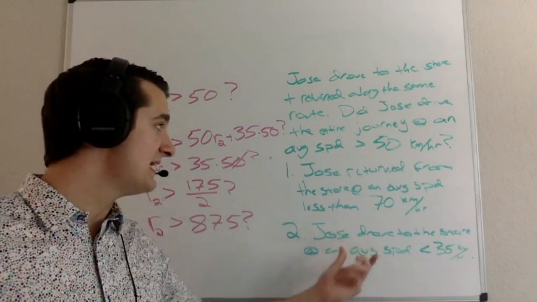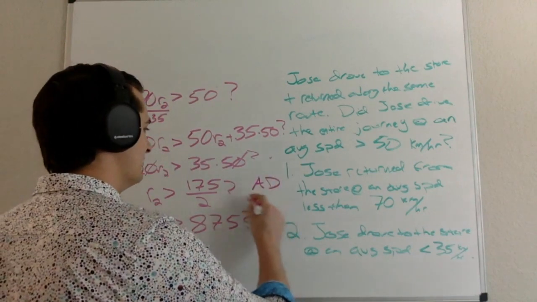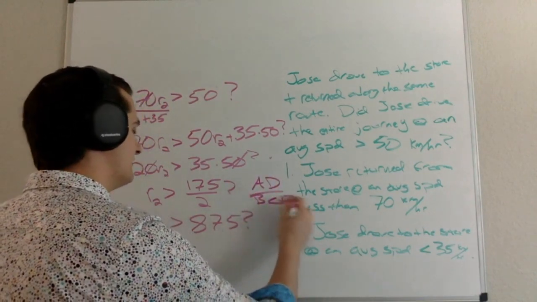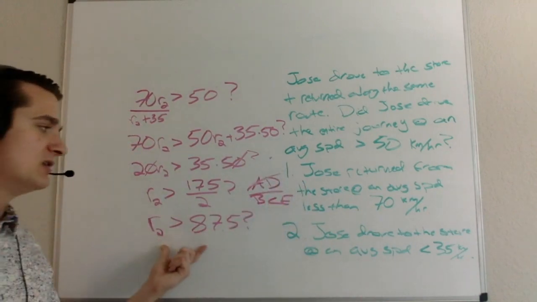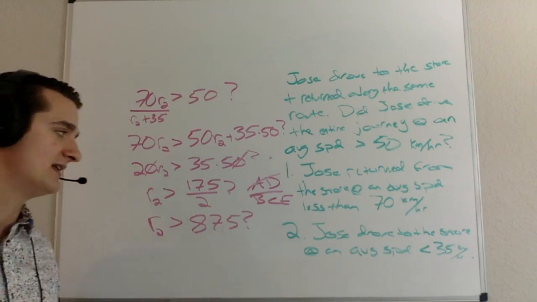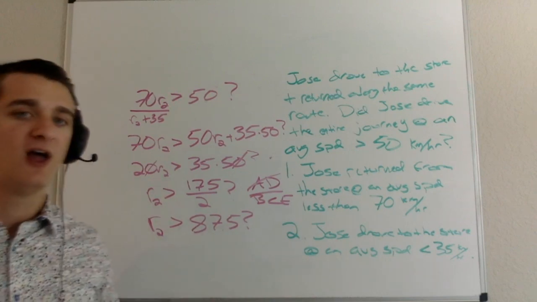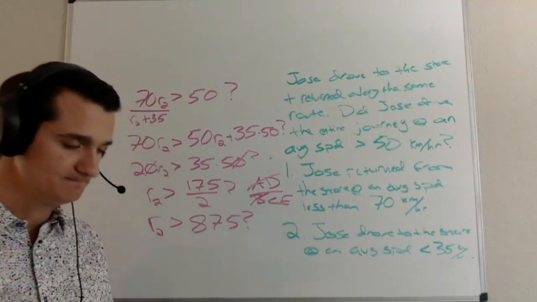Now, with just statement 2 alone, I actually don't know, and I think I eliminated my AD over BC when I was erasing here, so let me toss these back up. We already eliminated AD. Because with statement 2 alone I can't say whether my second rate is greater than 87.5 kilometers per hour, I'm going to be able to eliminate B as well.